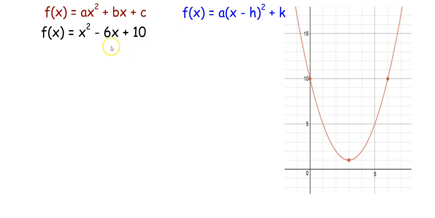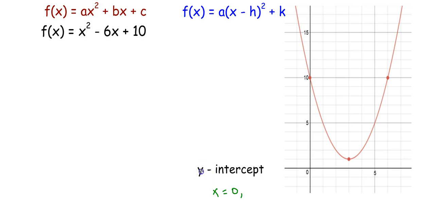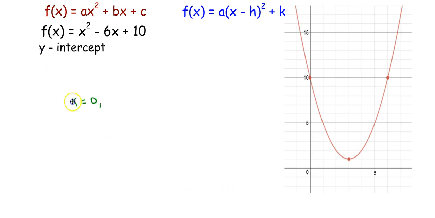So now in the first step, let us try to find what is the y-intercept. In order to get this y-intercept, I should substitute x is equal to 0 in the given function. So f of 0 becomes 0 square minus 6 times 0.